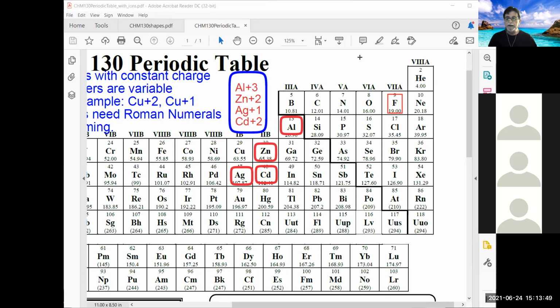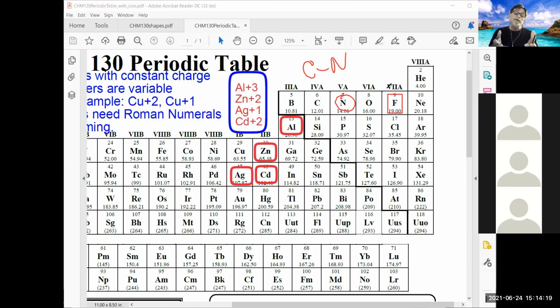And so if I needed to compare, let's say I had a carbon-nitrogen bond, okay? And I needed to know who's more electronegative, carbon or nitrogen. Who would be more electronegative, carbon or nitrogen? Nitrogen. Why? Because it is closer to fluorine, so it has a higher electronegativity.